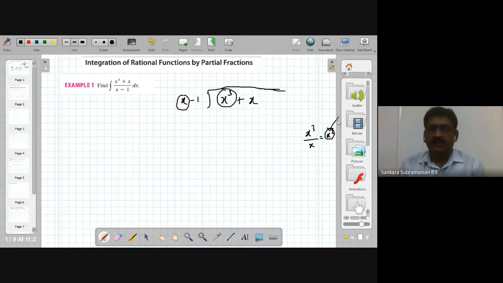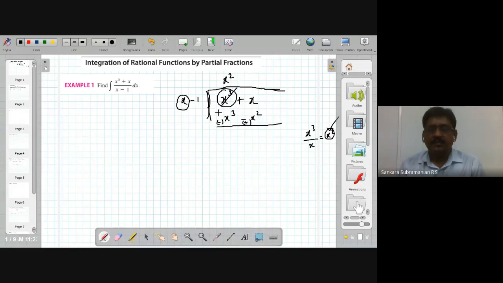So you can put x squared here, and if you multiply this x squared throughout with x minus 1, you get x cubed minus x squared. We all know how to divide, so you have to change the sign. If it is plus, make it minus. If it is minus, make it plus.